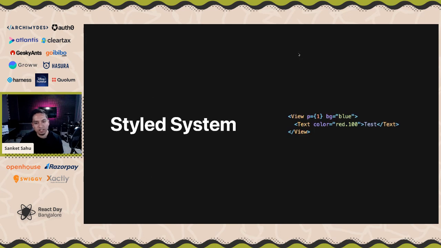So style system, on the right side, you can see that we have view and text, but instead of taking something like styles dot heading or wrapper, and text taking some styles, we have props like p is equal to 1 and then bg as blue. In text, we have red dot 100. So this is possible to build using a style system, and inside a style system it uses some css and js. We have used styled components, and that maps well to React Native as well. So we get all these props very similar to Tailwind CSS.